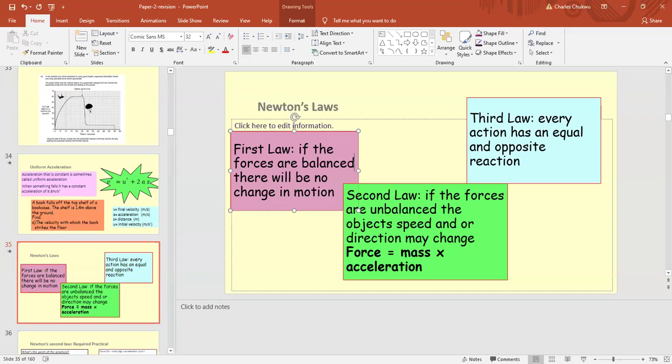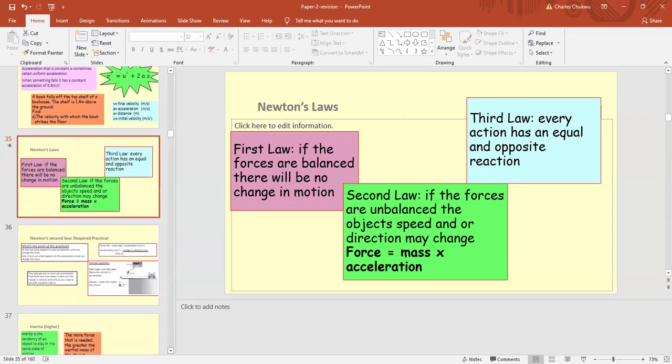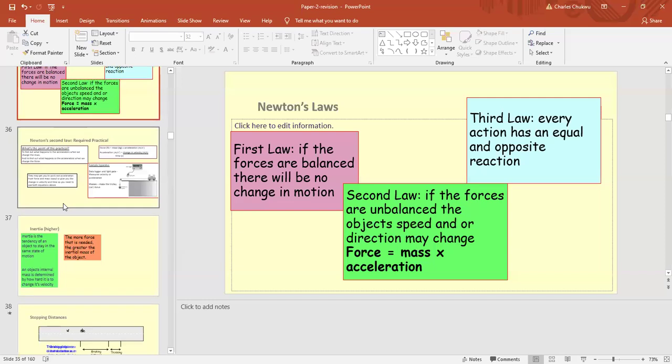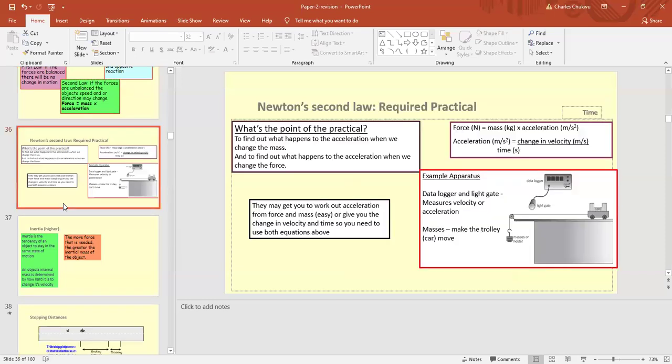And of course, the third law says that for every action, there's an equal but opposite reaction. So please take note of those laws. I'm sure you remember we saw one question that was targeted at that.